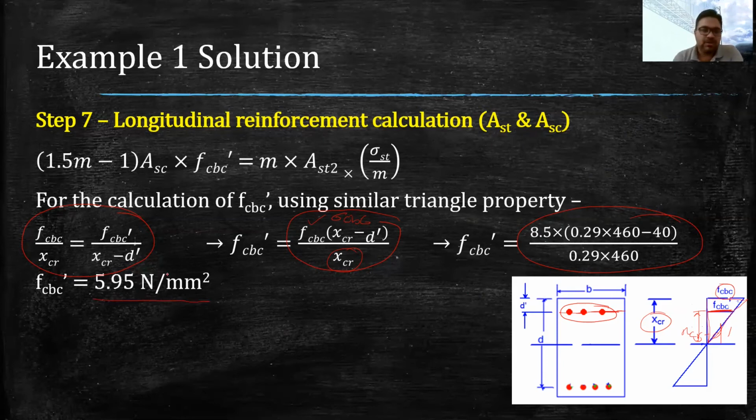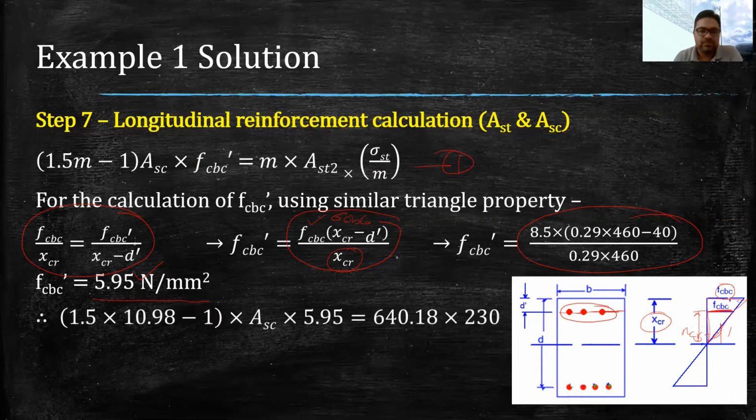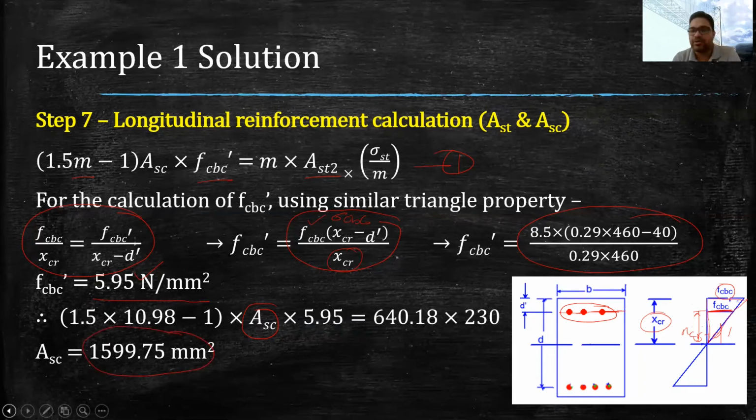Now putting this value in this equation, you can see the only unknown value now is ASC, because we know the value of M, FCBC dash, and AST2. By putting all the values, we find that ASC is approximately equal to 1600 mm square.